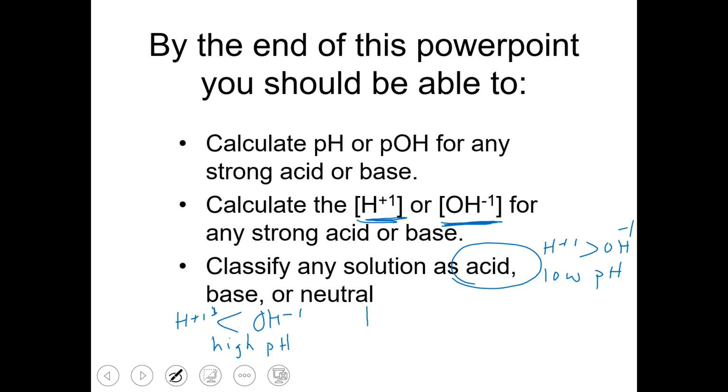And if it's neutral, the hydrogen is going to be equal to the hydroxide, and the pH is going to be 7. Because the only way for them to both be equal, yet also have a product of 1.0 times 10 to the negative 14, is that they both have to be 1.0 times 10 to the negative 7, which means the pH is 7, the pOH is 7, and of course that'll be a neutral solution.